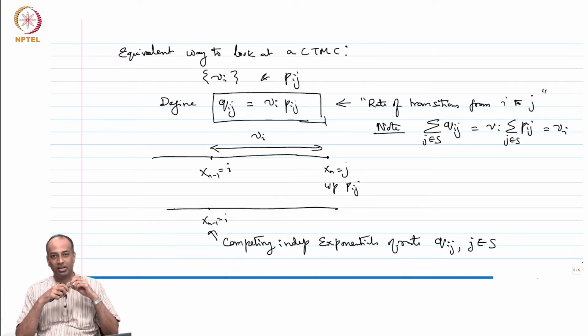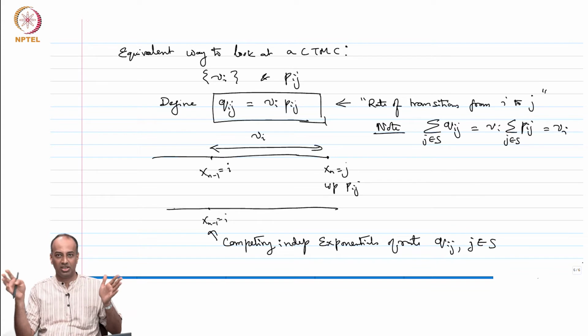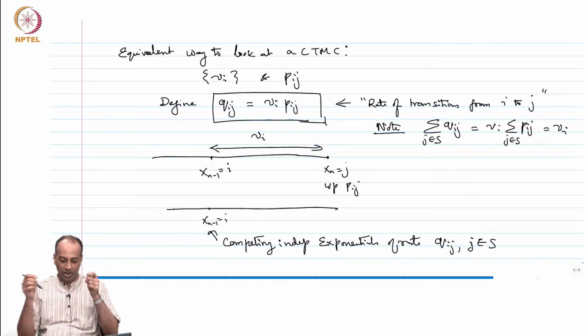This is basically like splitting and merging of independent Poisson processes, if you will. So, this perspective is also equally valid. You can either have exponential holding times and then Pij transitions, or you can just have independent Qij exponentials, where j ranges over all the other states, competing. Whenever you are in state i, you have independent competing exponentials of rate Qij.